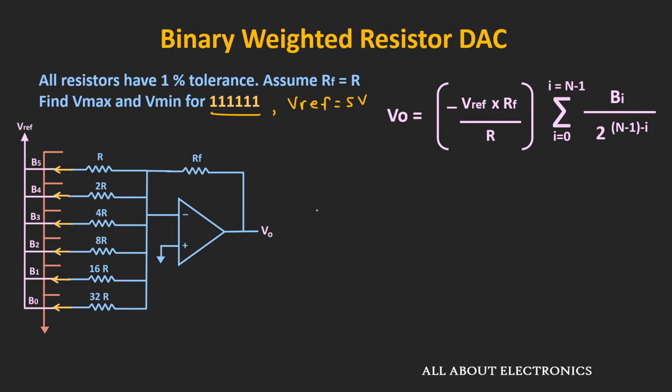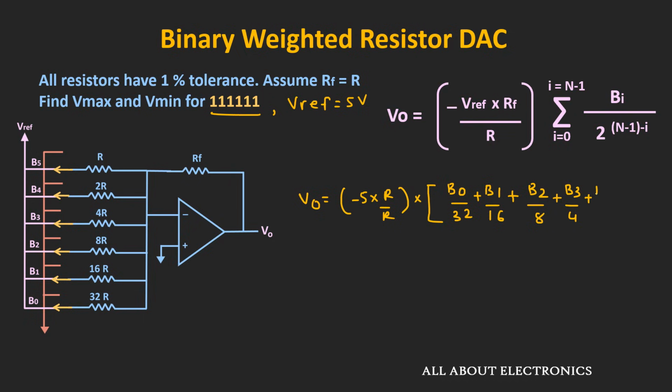So first of all, if we assume all the resistors are ideal, in that case the output voltage Vout can be given as minus 5 times R divided by R times B0 divided by 32 plus B1 divided by 16 plus B2 divided by 8 plus B3 divided by 4 plus B4 divided by 2 plus B5.